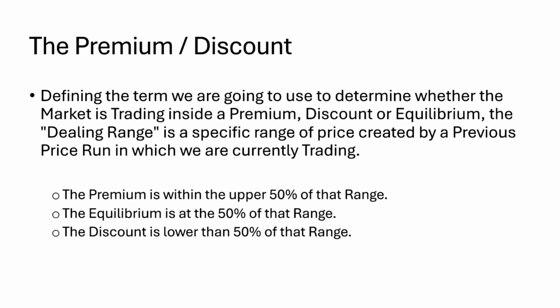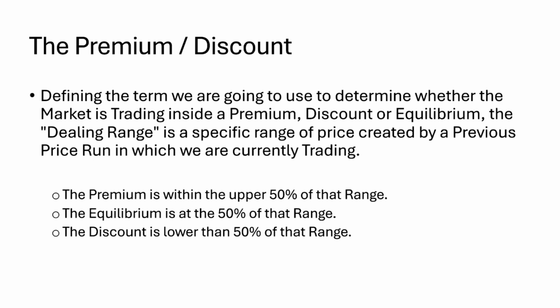What I also want to talk about here is the fact that the premium discount is not only linked to a dealing range. For instance, if we look at where the market trades in relationship with the daily New York opening price, or the price at the New York midnight opening, if the market trades higher above it, then that is the market trading within a premium.